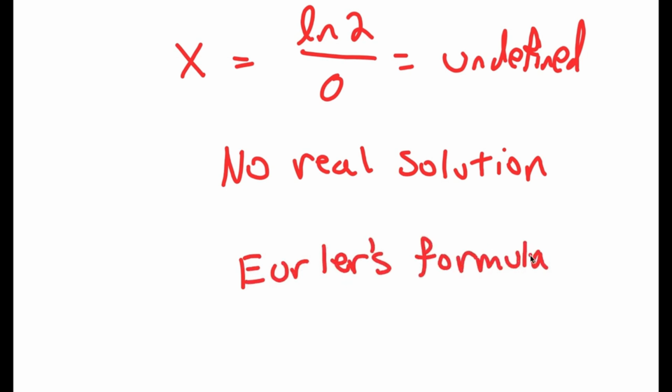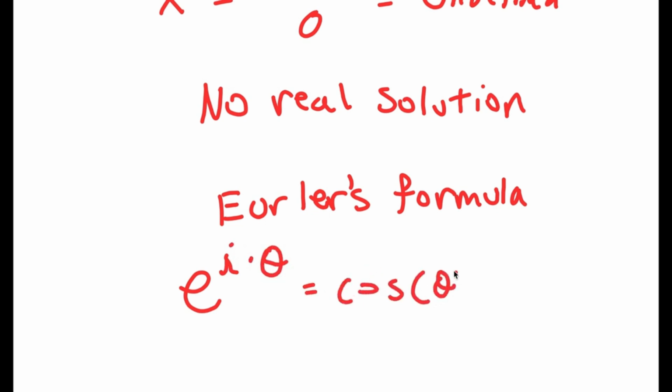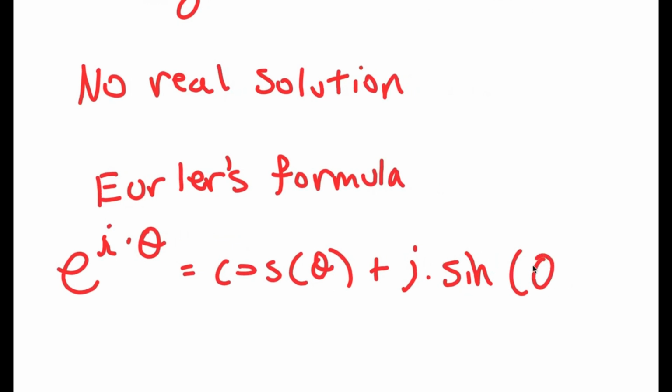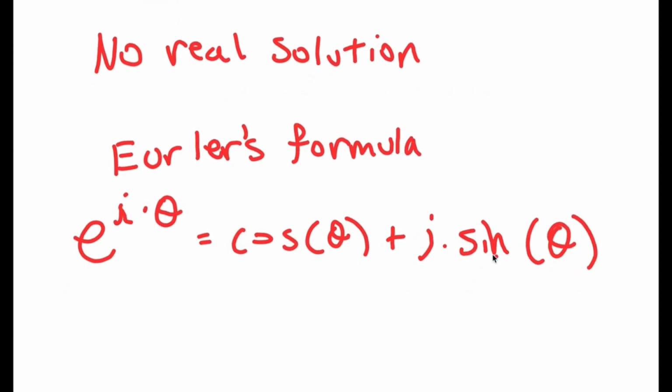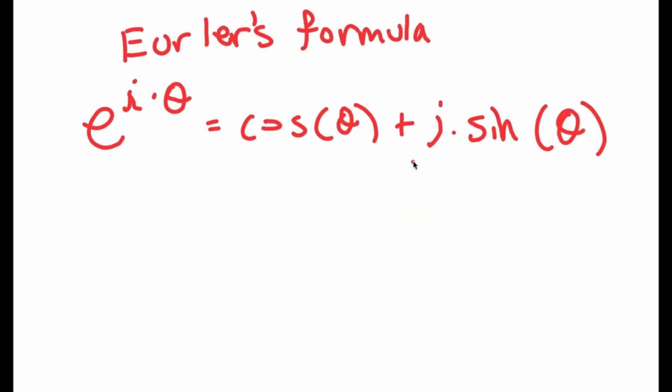And basically what this formula is, if I have something in the form e to the power of i times theta, this is equal to cosine of theta plus i times sine of theta. And I know to many of you watching this video, this may just sound like a bunch of gibberish, but just hang on.